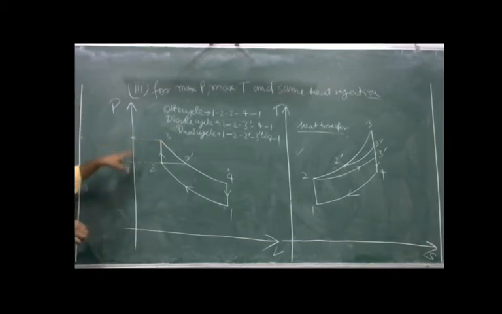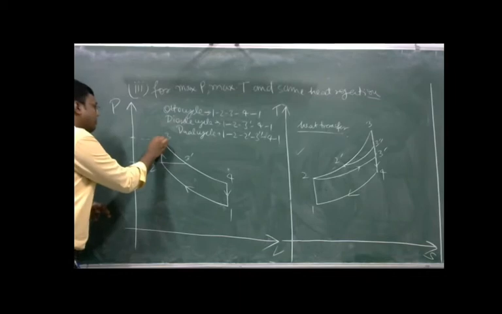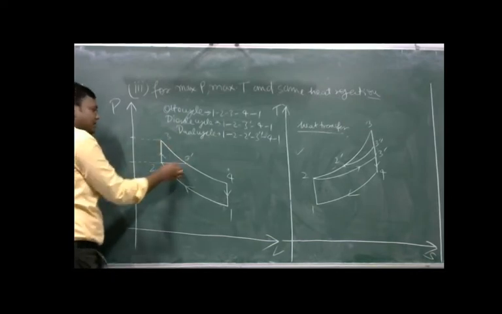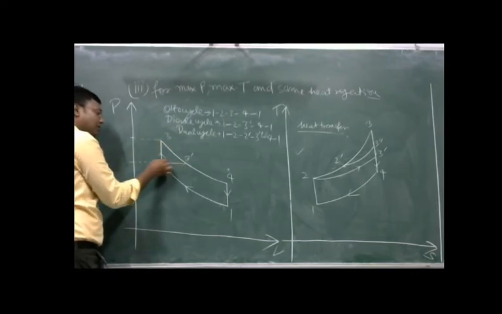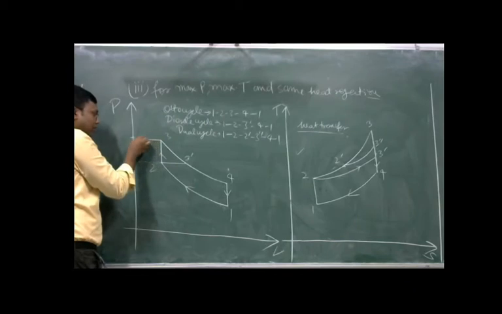So the maximum pressure is not the same in this case. We have to draw it so that this point 3 is the same for the diesel cycle as well as for the Otto cycle. So this line for the diesel cycle we have to draw from here. Then only the pressure can be the same.